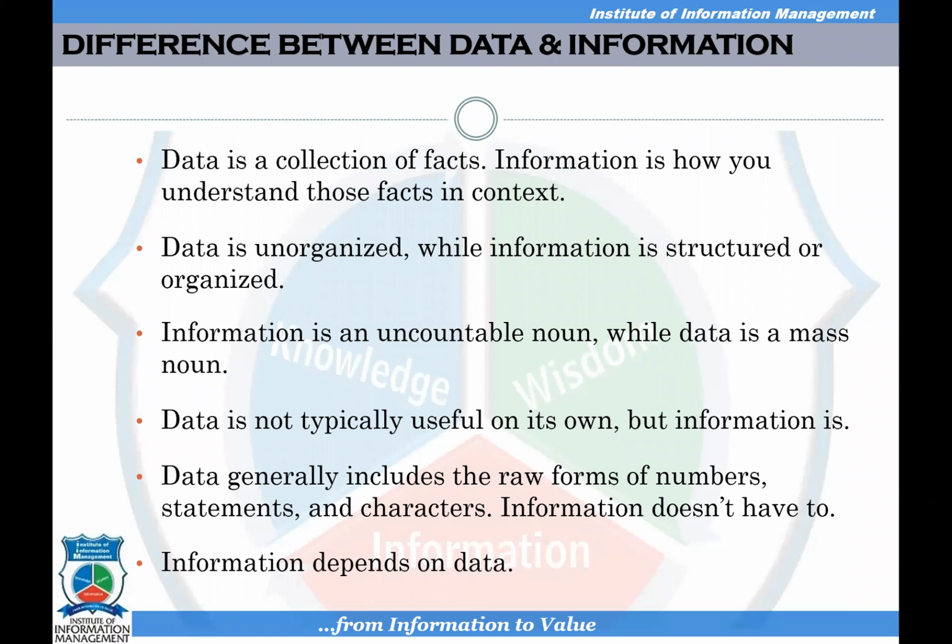Data is a mass of individual items; individually they are countable, collectively they become uncountable. Data is not typically useful on its own, as we said earlier, but information can be and is. Data generally includes raw forms of numbers, statements, and characters.